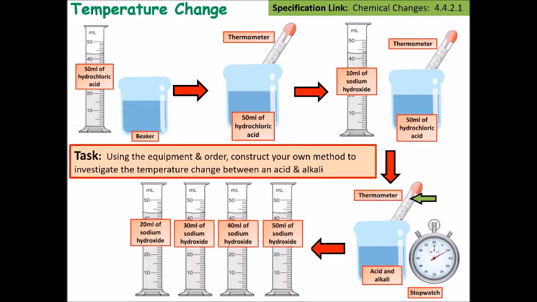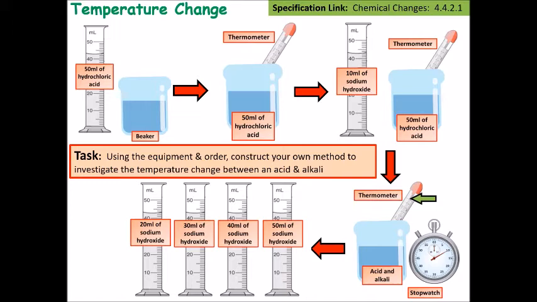Start off by reacting 10 milliliters of sodium hydroxide with the acid. Stir it for about 30 seconds and then retake the temperature. The difference between that temperature and the temperature before will be the temperature change. Repeat this process with 20, 30, 40 and 50 milliliters of sodium hydroxide, calculating the temperature change each time.